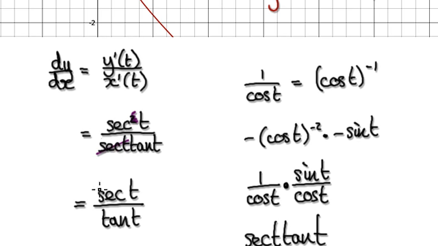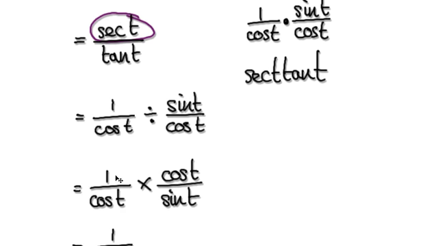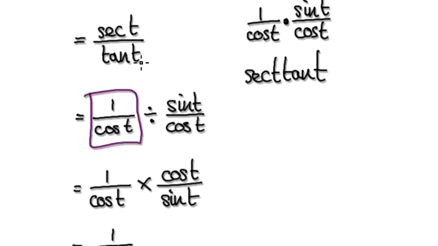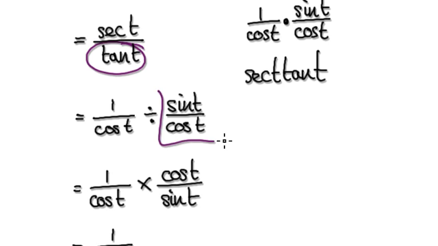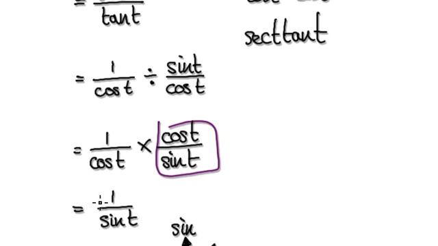That would then simply become this, and it's still messy, so we can tidy this up. Secant of t, we can imagine as 1 over cos of t, and then you've got a divide here, and tan of t is this. Now tidy this up, times the reciprocal, and it will then give you this.